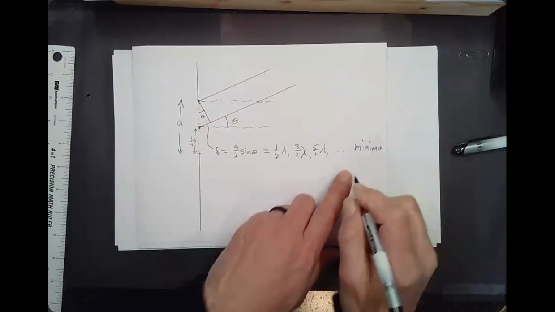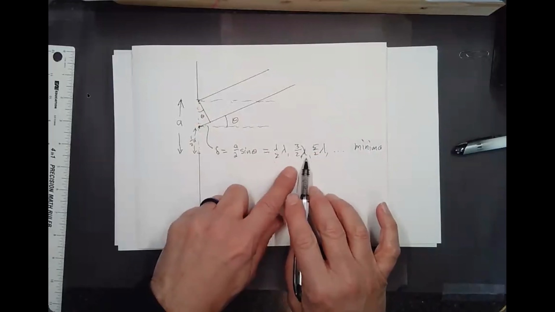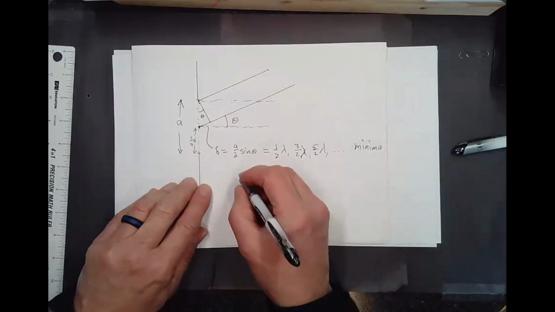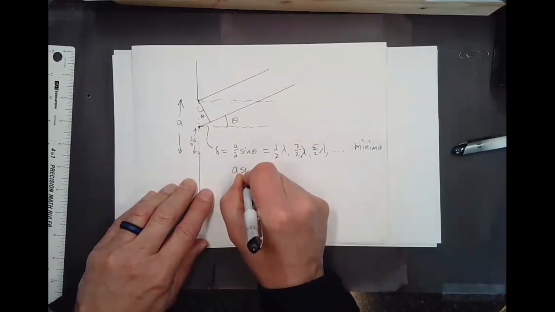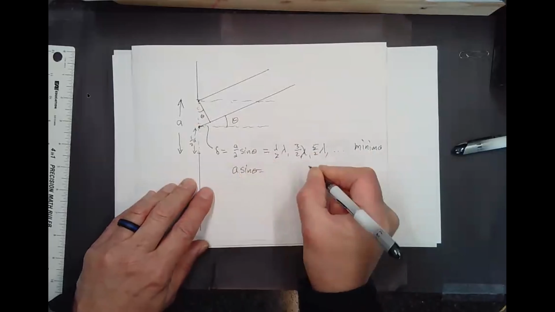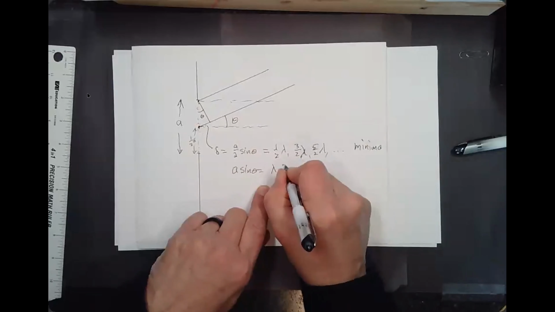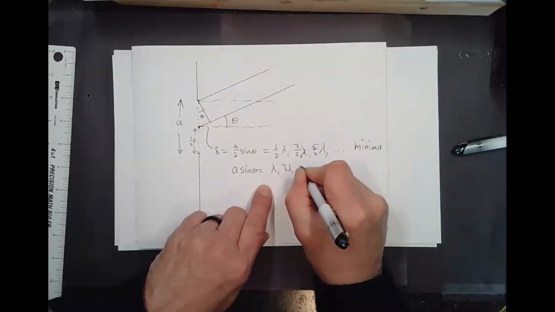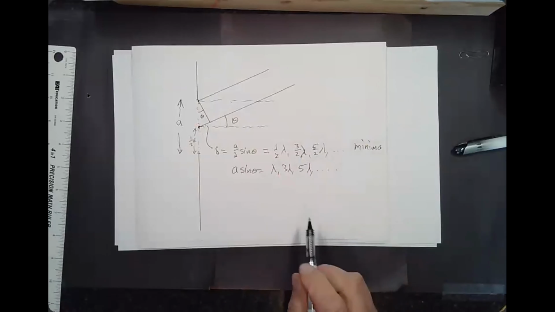So a over 2 sine theta is going to equal 1/2 lambda, 3/2 lambda, 5/2 lambda. That means a sine theta will equal, multiplying both sides by 2, lambda, 3 lambda, 5 lambda, and so forth. So that's our condition for minima.